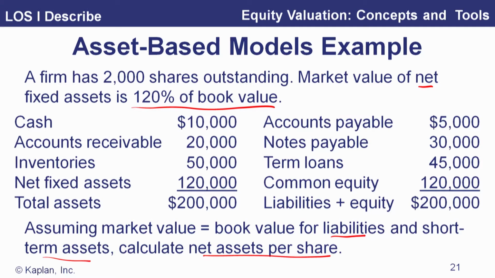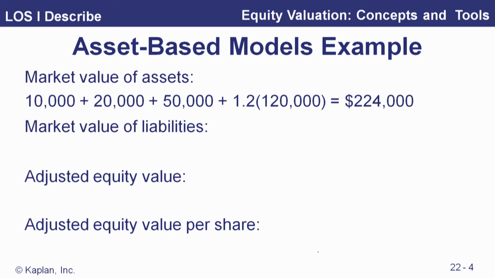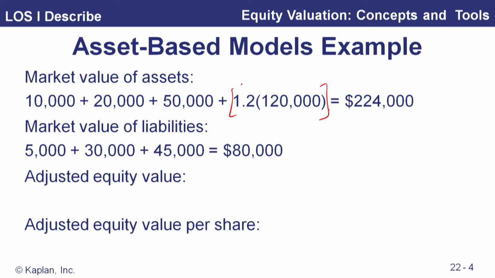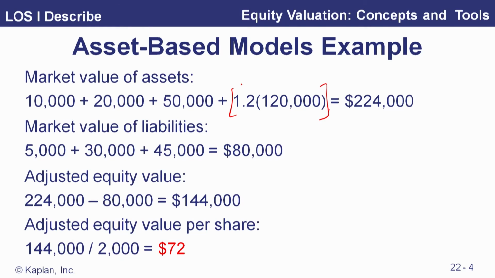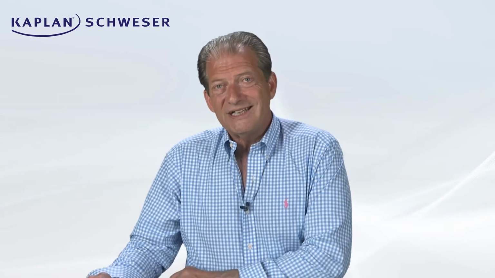Well, this is just back to our accounting. So we start with a market value of all the assets, okay, 1.2 times book here. Market values of liabilities, adjusted equity value per share. So we did this based on our estimates of the fair market value of the assets.